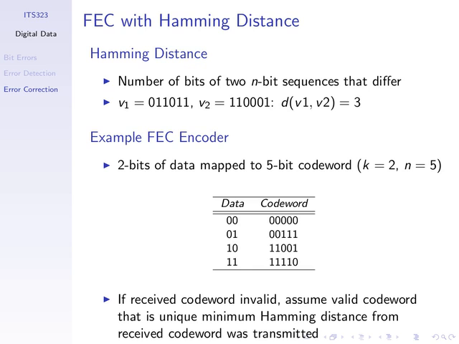The link has some errors, and in this case the last 3 bits are in error, so the received code word will be different. The transmitter sends this across the link, the last 3 bits are in error. There are errors across the link. Therefore, here is what's received.